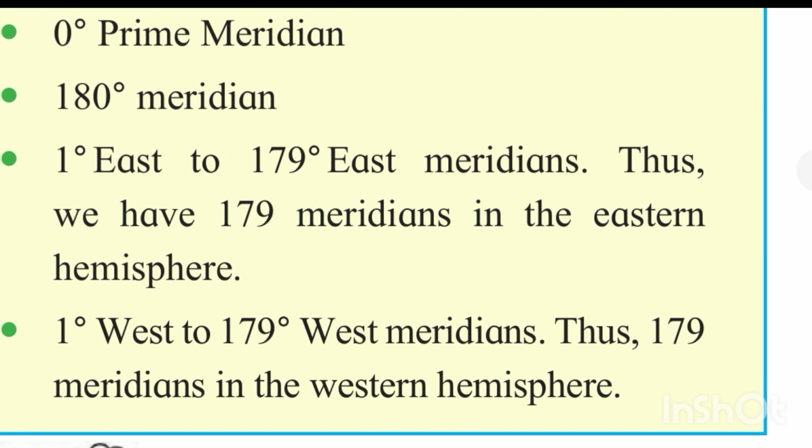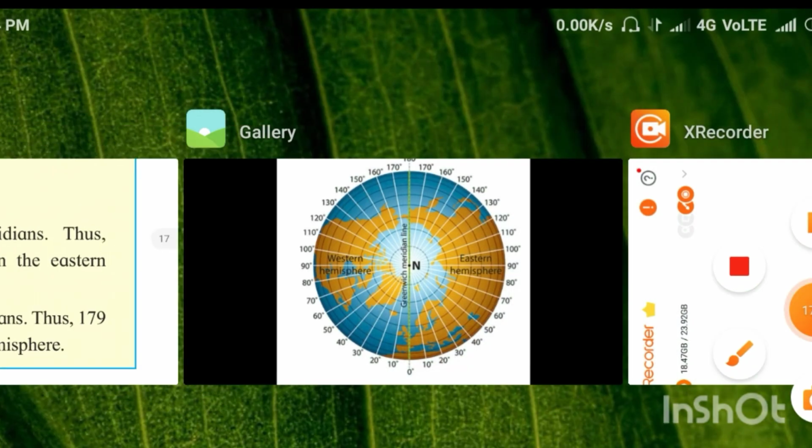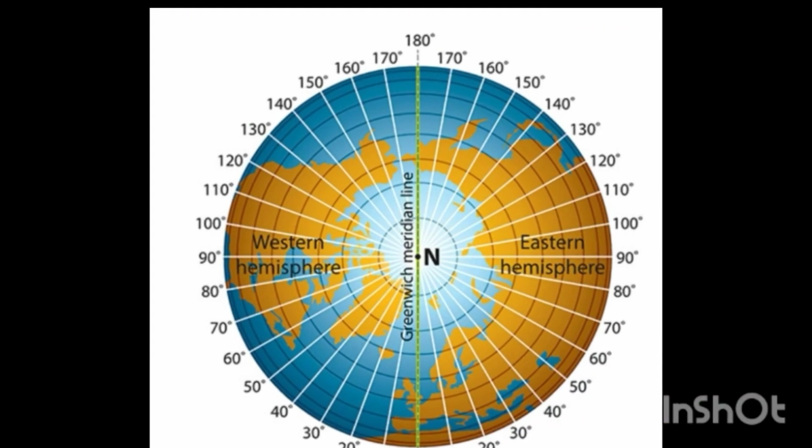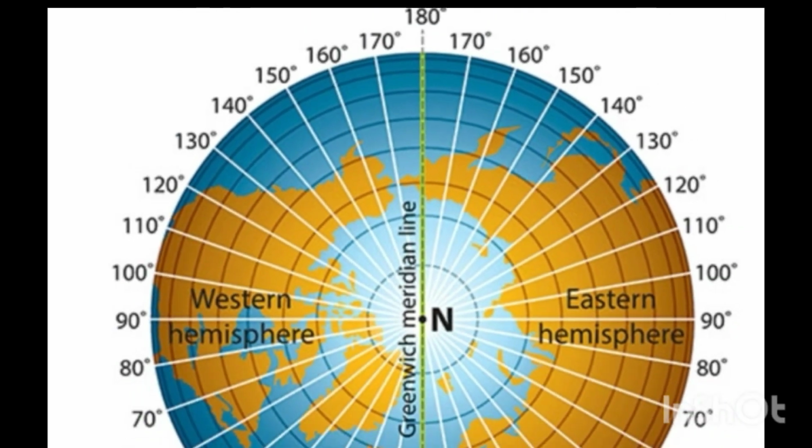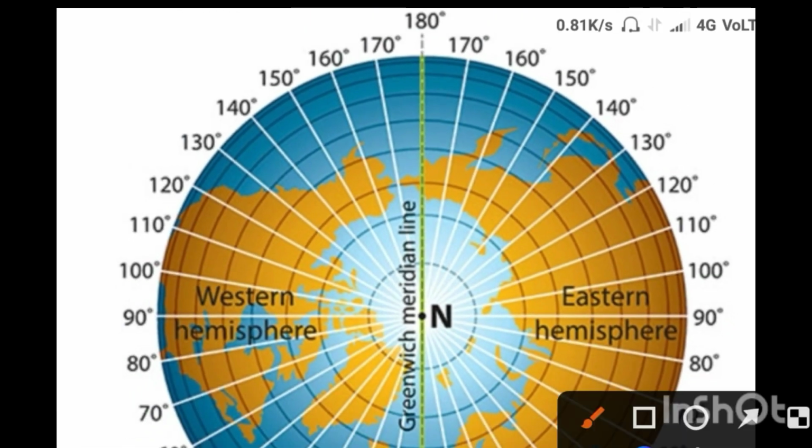There was an argument between geographers, and as per that argument, the 180 degree meridian which we see here should not be included, because it is actually a dot.